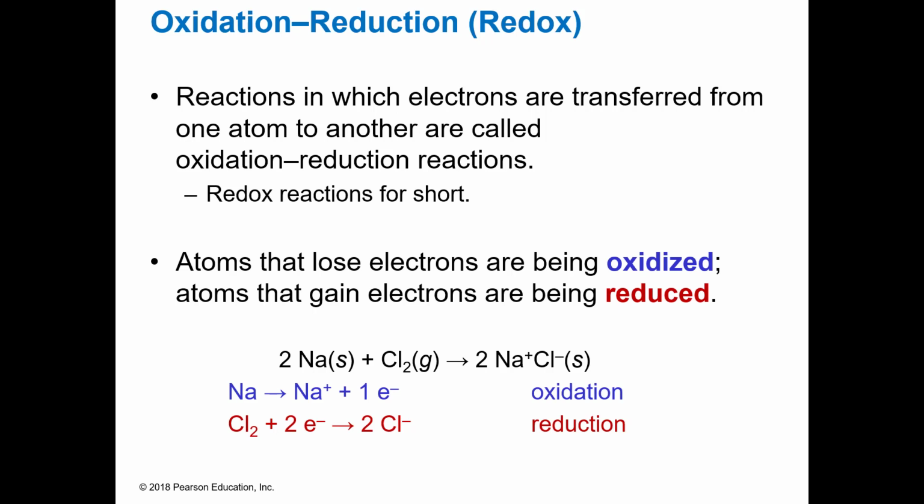So if you see electrons on the product side of the reaction, that tells you it's an oxidation reaction, that substance is losing electrons. And when we look at the next reaction, chlorine in red gains 2 electrons, and we form 2 chloride ions. In any reduction process, the electrons will be on the reactant side.